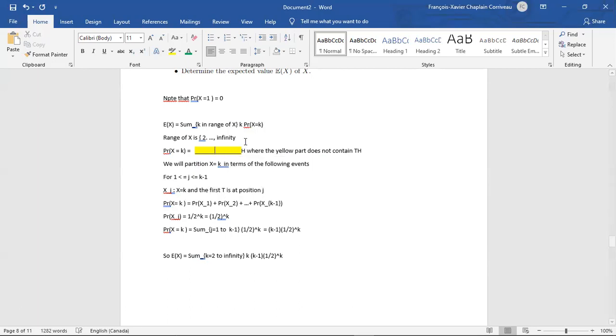So for example, it means that I have something like this. So here, I have tails, heads, something like that. And then here, I have my first tail. So here, what I did is I included this last position, the tail before the head, as the position of the first tail, which is fine.